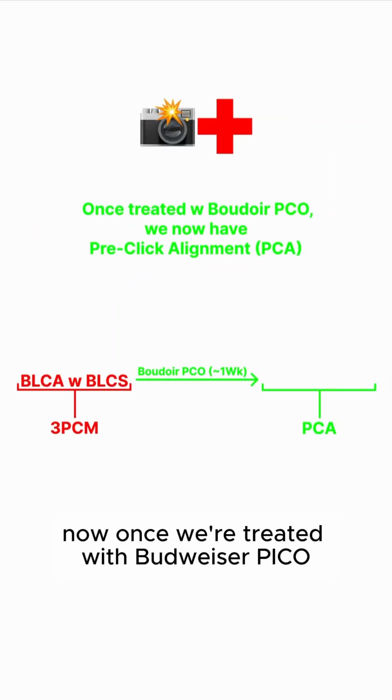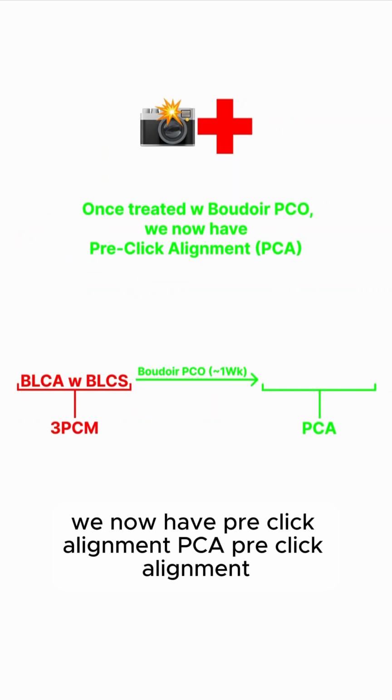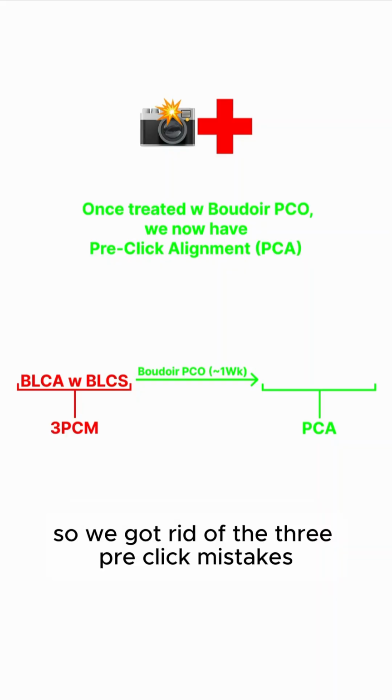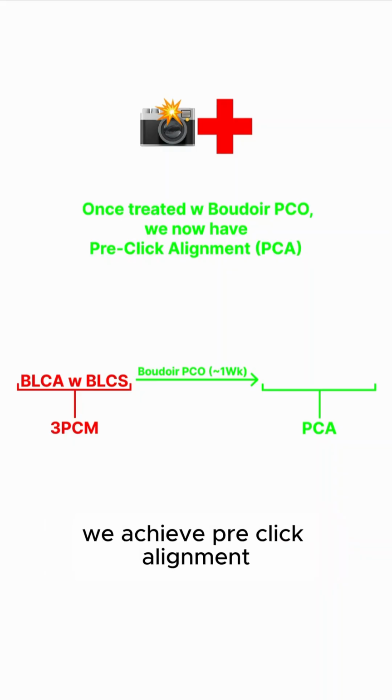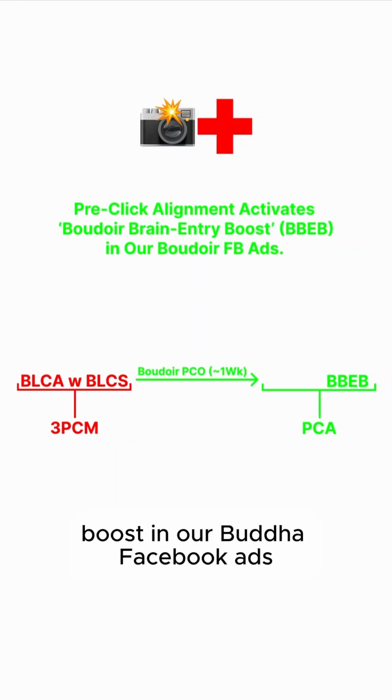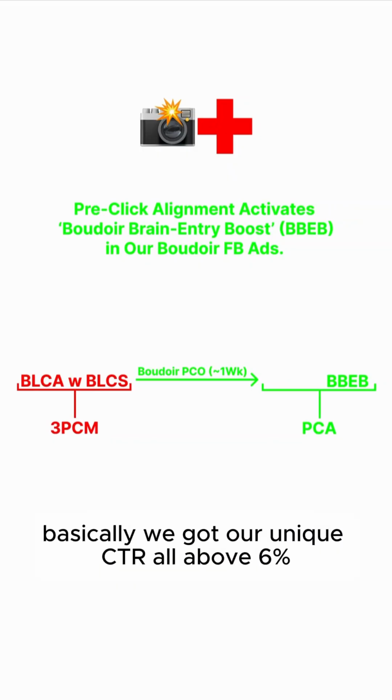Once treated with Boudoir PICO, we now have pre-click alignment, PCA. We got rid of the 3 pre-click mistakes. We achieve pre-click alignment, and pre-click alignment activates Boudoir brain entry boost in our Boudoir Facebook ads. Basically, we got our unique CTR all above 6%.